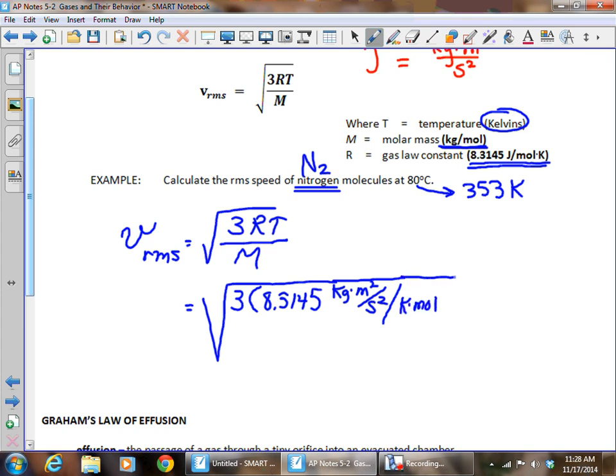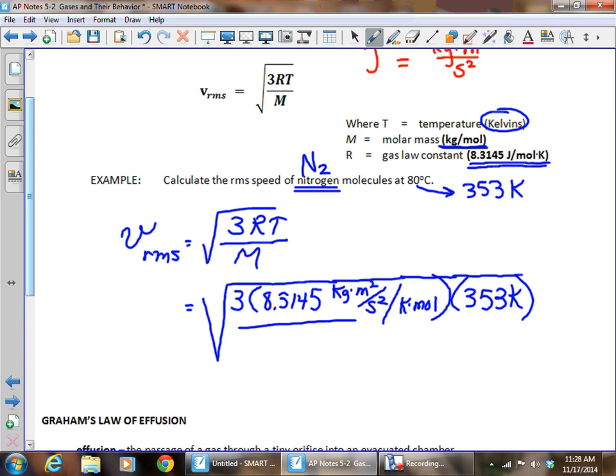So it's joules per Kelvin mole. That's going to be your value for R. And the temperature we just established, I'm going to keep extending my square root out, 353 kelvins.